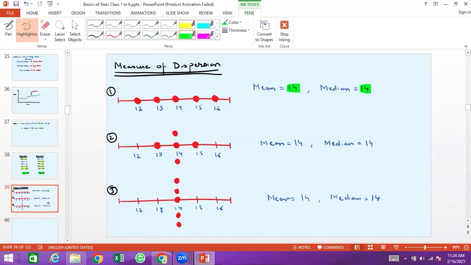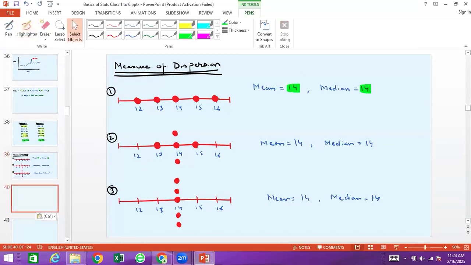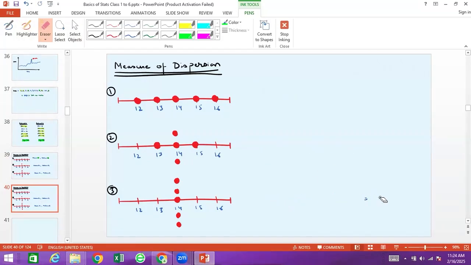Okay. So what should I do? What should I calculate or add which can differentiate between these 3 distributions? We can look for maximum, minimum. Very nice. So we will say that we will calculate the range maybe, right?